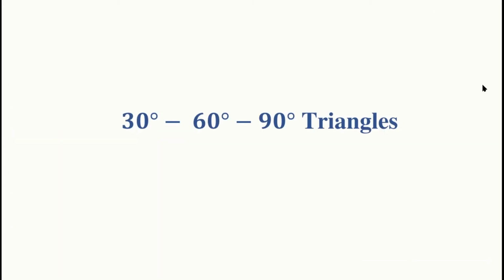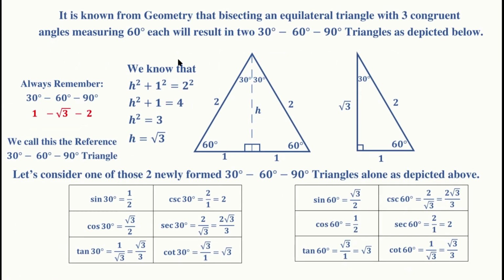All right, next we want to study two very important special right triangles. The first one we'll look at is the 30, 60, 90 triangle. Basically, we know from geometry that if we bisect an equilateral triangle such as this, remember initially this is an equilateral triangle with sides 2, 2, 2, angles 60, 60, 60, right?